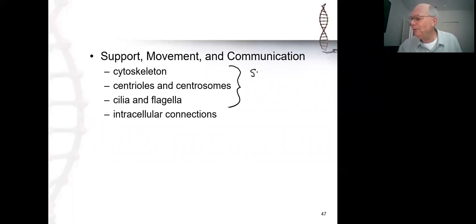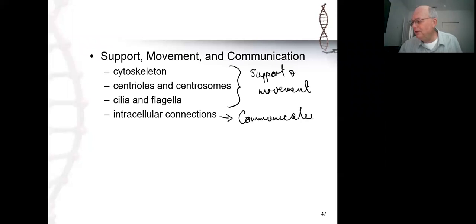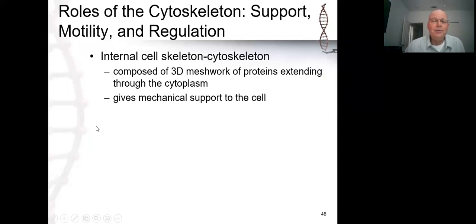So this is support and movement. And of course, the connections between the cells are for communication. Because cells in multicellular organisms, at least, do need to be able to communicate with each other. Kind of important. So let's take a look at all of these, starting with the cytoskeleton.